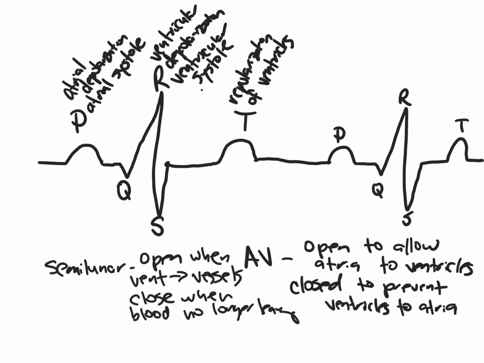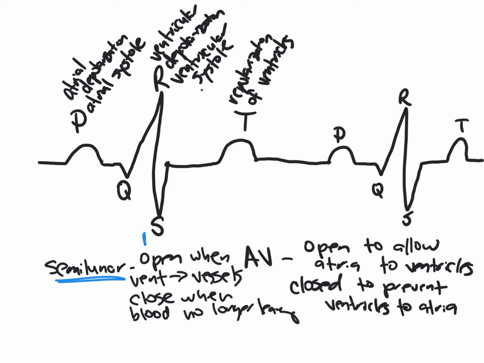Let's think first about the ventricles and the semilunar valves. So your semilunar valves are going to be open when blood is leaving the ventricles. That's going to begin at ventricular systole, which starts, we said, about at the point of the R wave.